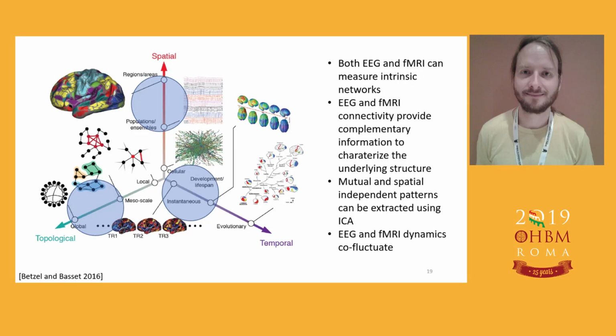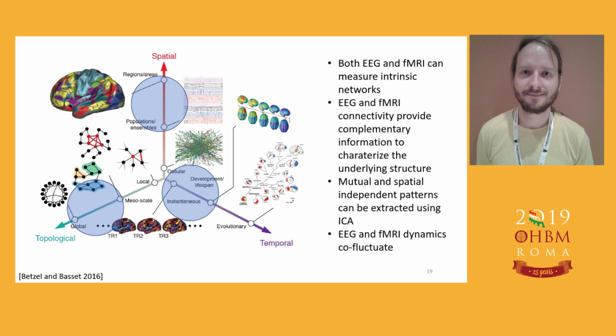So to sum up, I've shown that EEG and fMRI on a static view can both measure intrinsic connectivity networks. The different time scales of EEG and fMRI can provide, on this static connectivity, complementary information, for example, to characterize the underlying structural connectivity.